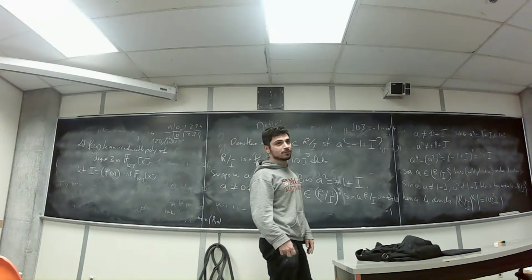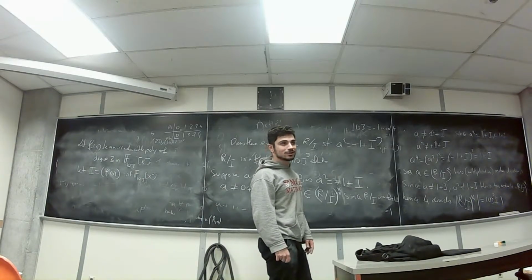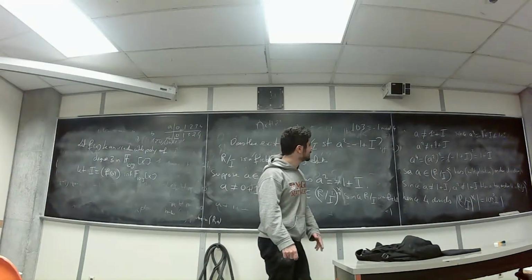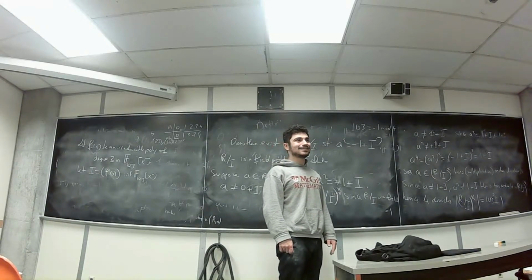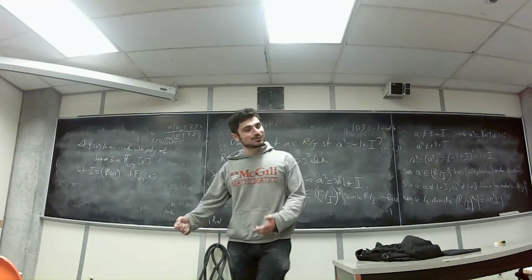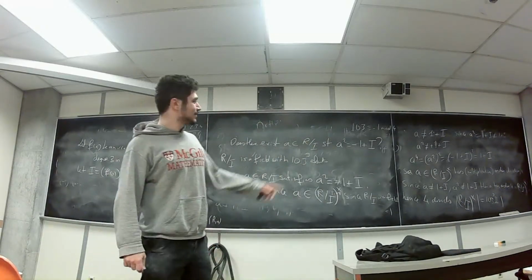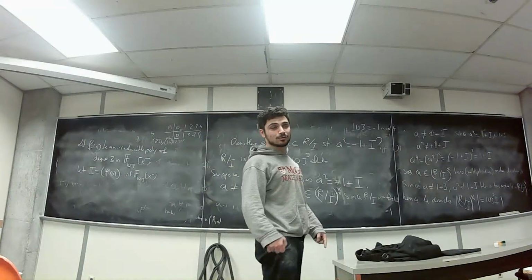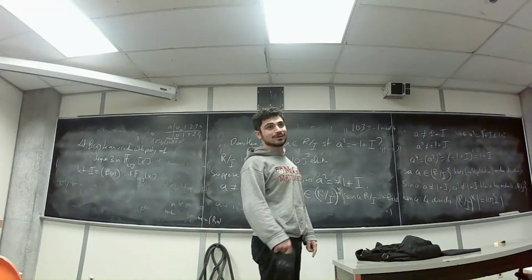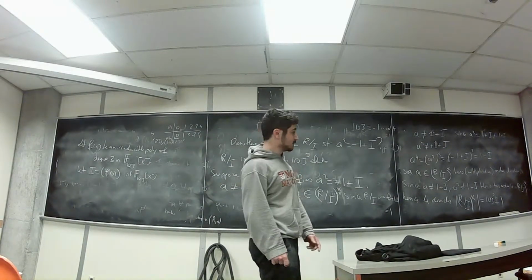What's the closest multiple of 4 to 103? 100, right? So 103 is congruent to 3 mod 4. Is 103 minus 3 divisible by 4? Yeah. So 103 plus 1, which is 104, is divisible by 4.